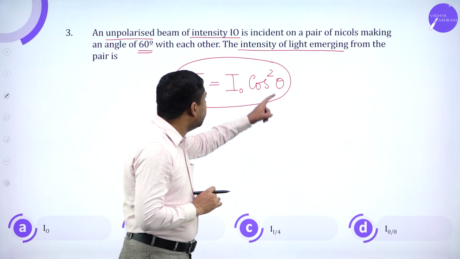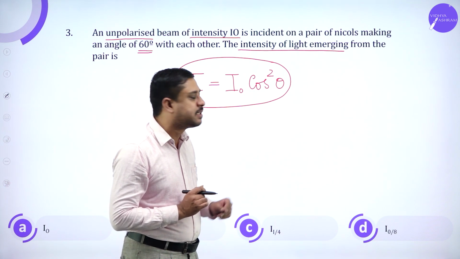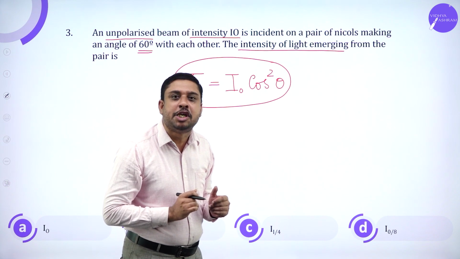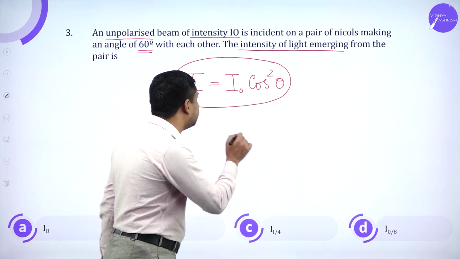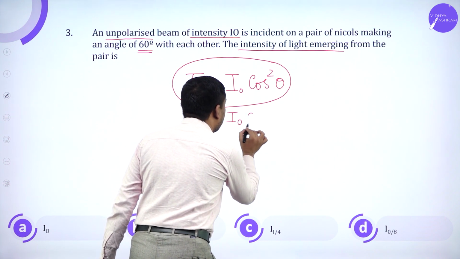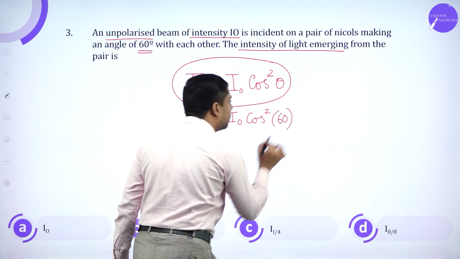Now, here theta is given to be 60 degrees. I0 is the intensity of light. So this is I0 cos squared 60.